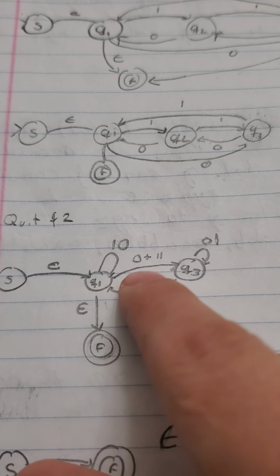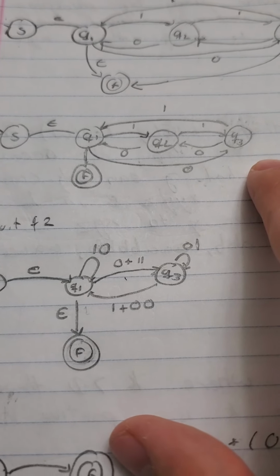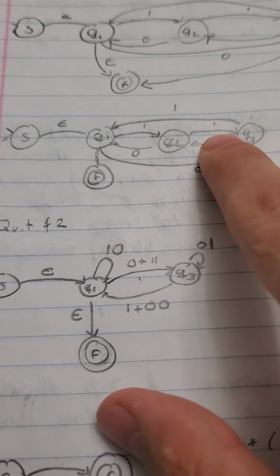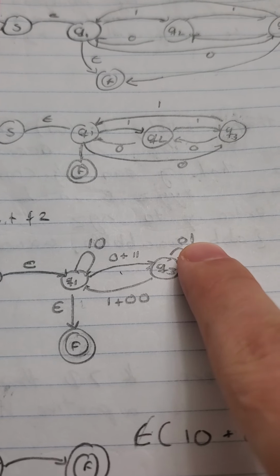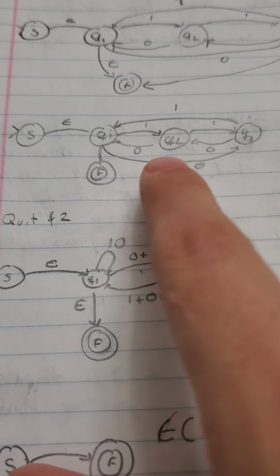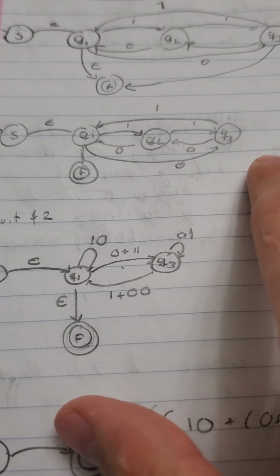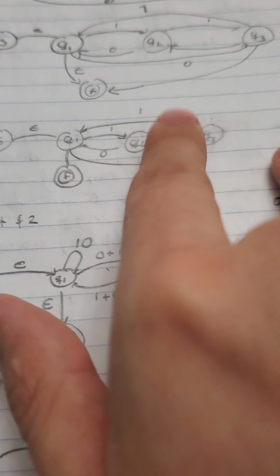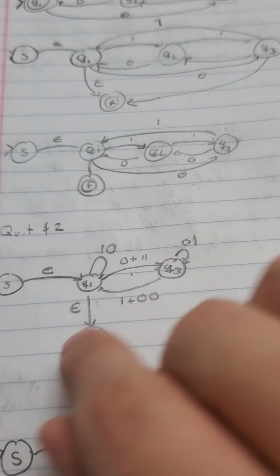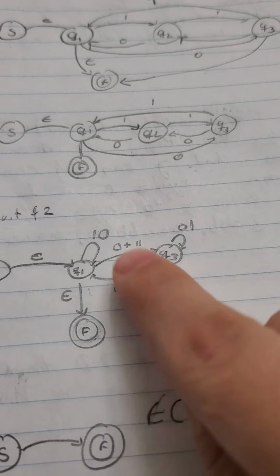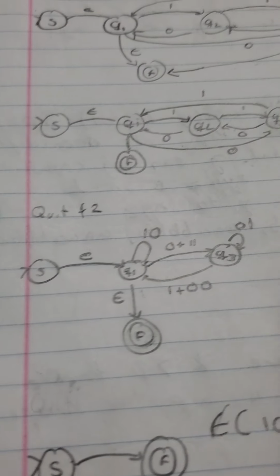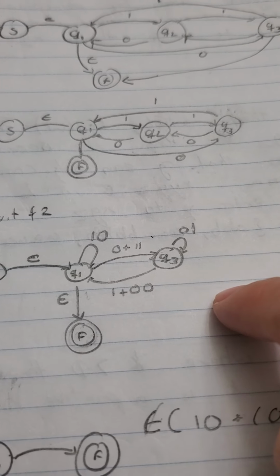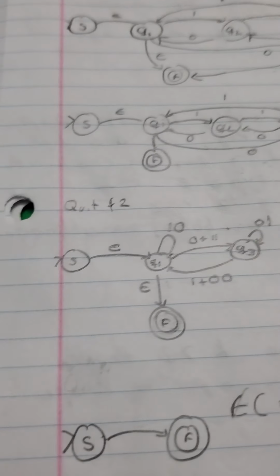But going to Q3 we have a 0 and get back a 1, so it should be 0 and 1. The connection between them should be 0 1 1 and 1 0 0, because you have two 1s here and two 0s here. That's why I'm putting 0 plus 1 1 and 1 plus 0 0.